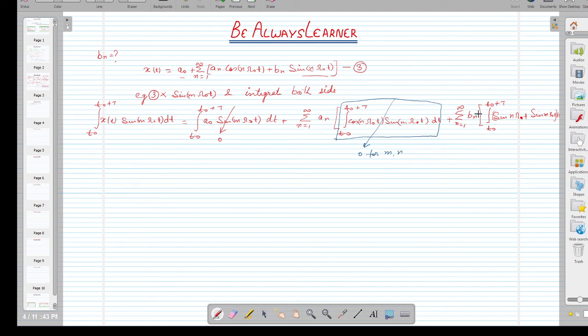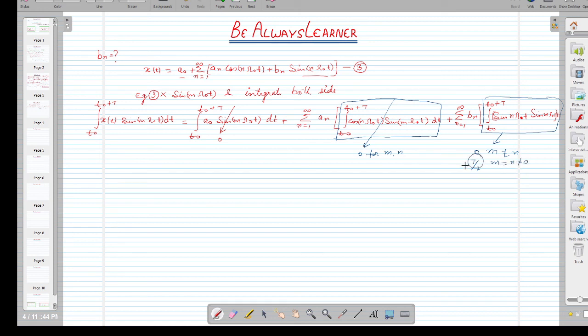This term, the last one, has the value 0 for m not equal to n, and its value is T by 2 for m equal to n but not equal to 0.